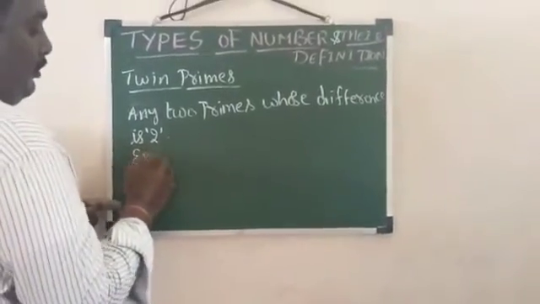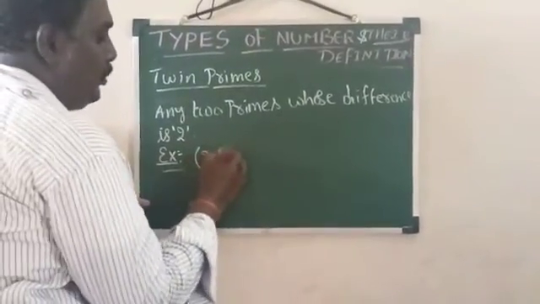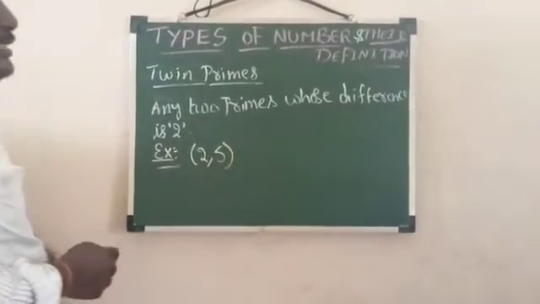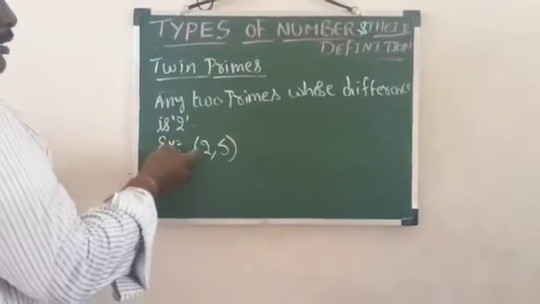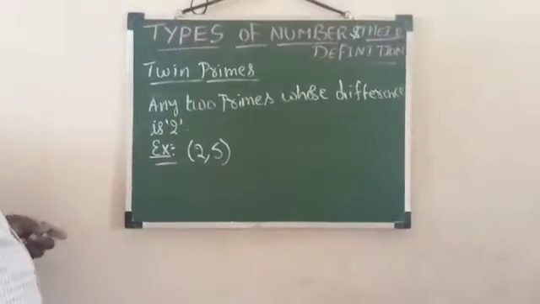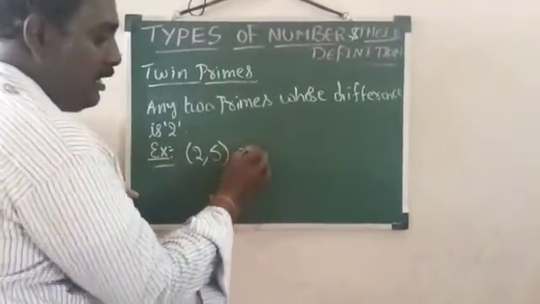For example, we take 2 and 5. 2 and 5 are prime numbers, but if you subtract, we get 3. Therefore, it is not a twin prime.